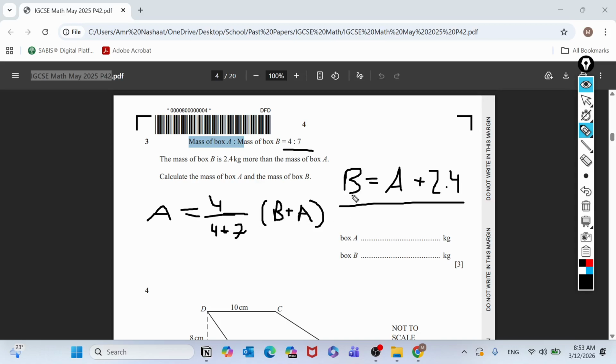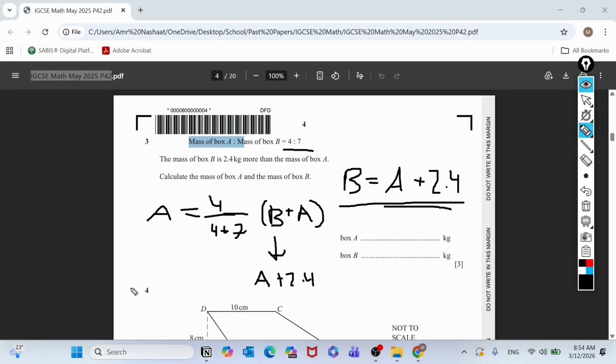And B is A plus 2.4. So you can replace B with A plus 2.4. Okay, there's not space, but okay, wait. This is B, which is equal to A plus 2.4.